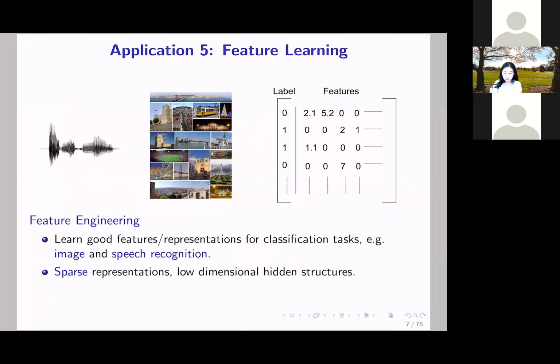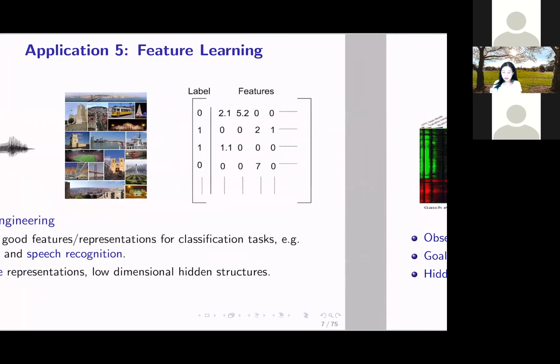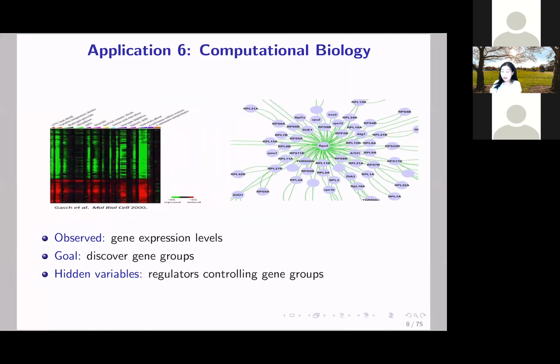Okay, so this other application is feature learning, learning good features or representations for classification tasks. Again, I'm not going into the details here. So like I said earlier, there is this computational biology extension, which is very similar to a topic model again, but of course, the terminology now is changed to computational biology terminologies such as gene expression levels, right?